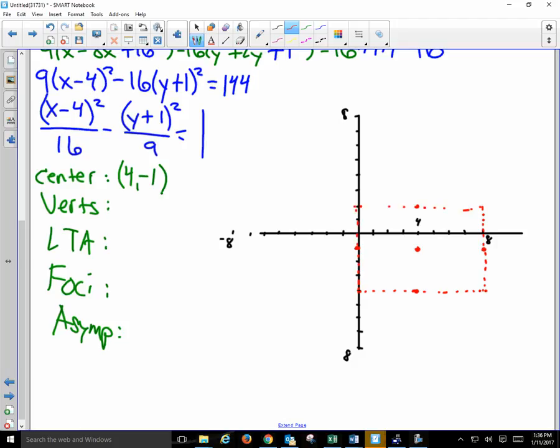Sweet. Are my vertices going to sit on the top and bottom of the tangent rectangle or the sides of the tangent rectangle? Sides.